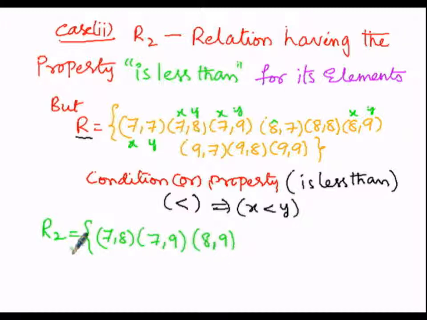Then 9 comma 7, 9 is greater than 7, we can avoid this, and 9 comma 8, 9 is greater than 8, x is greater than y, we can avoid this. The last ordered pair, 9 and 9 are equal, so it does not satisfy the condition x less than y. Therefore only these three are the elements of R2.